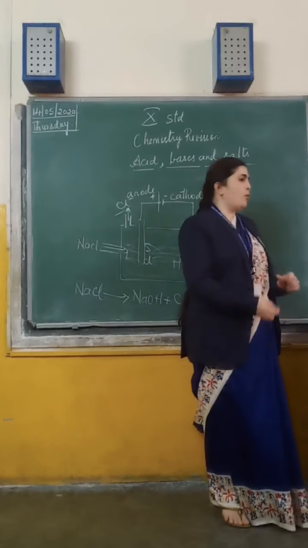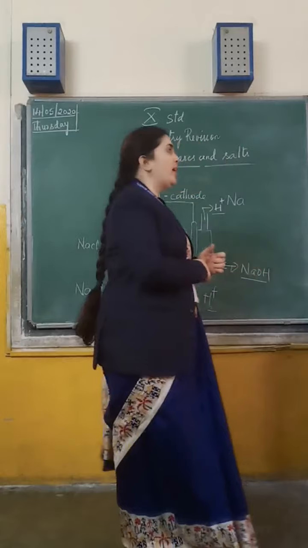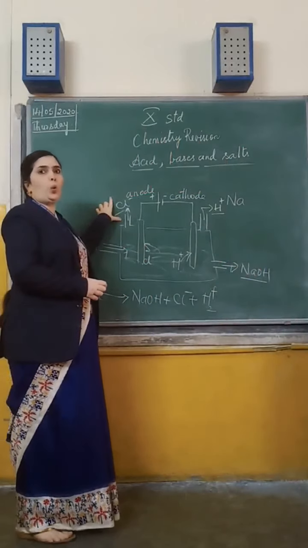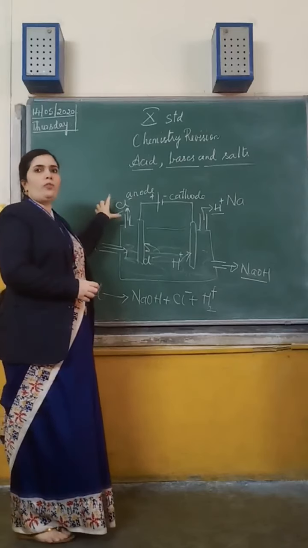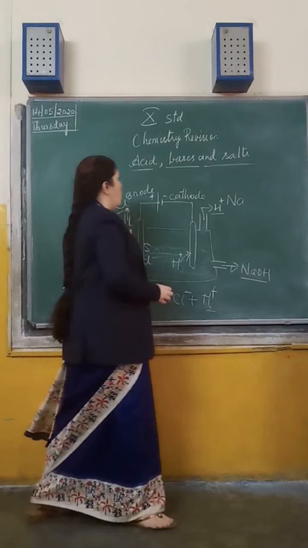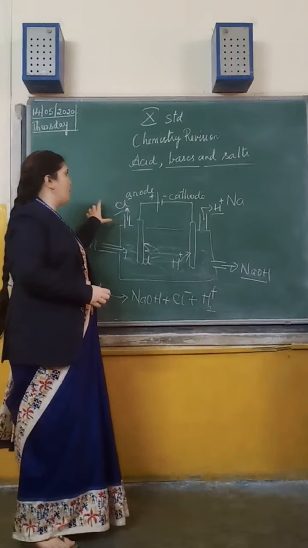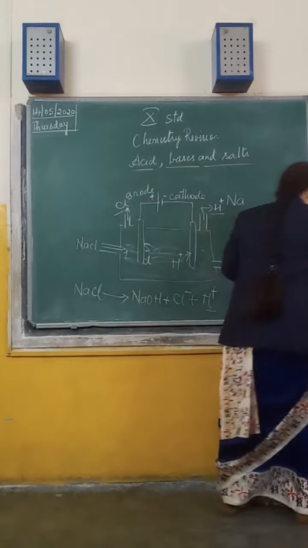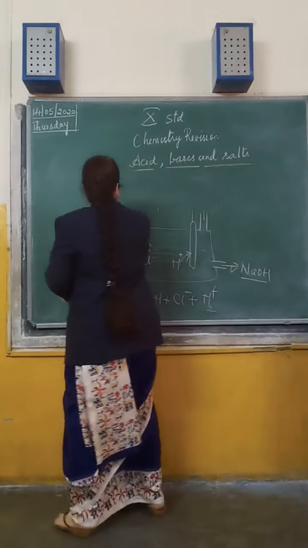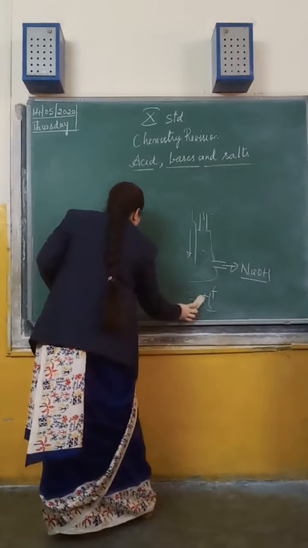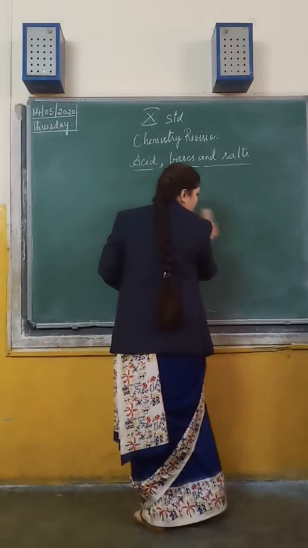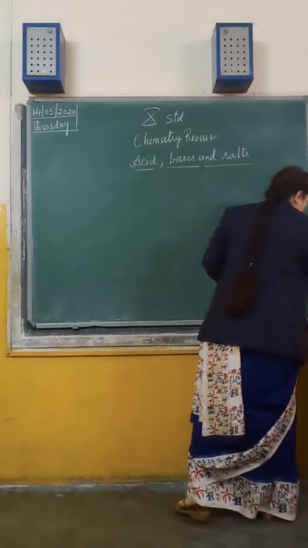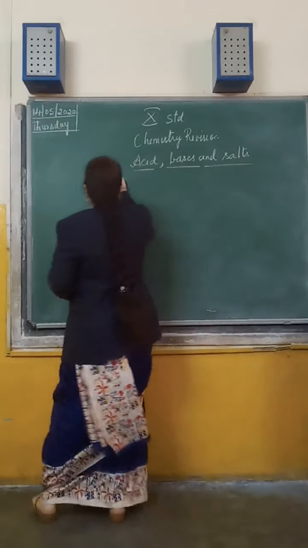The next is about the different things we can manufacture using chlorine or these products. One of them is bleaching powder. What is the formula for bleaching powder?